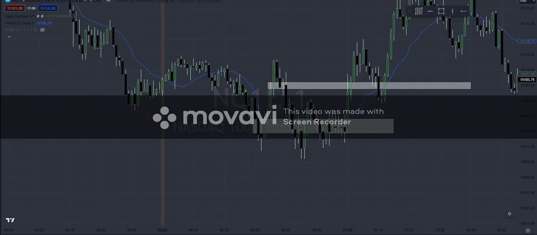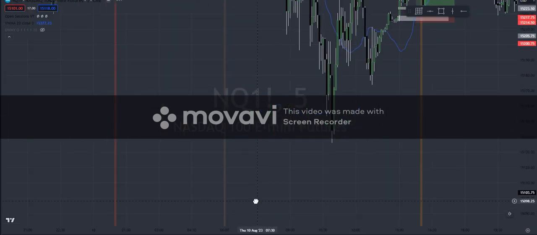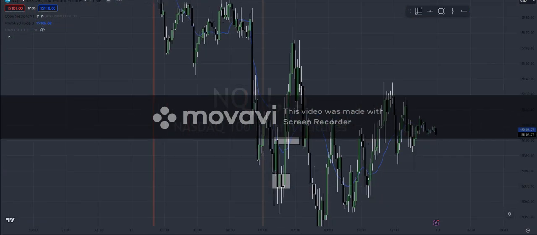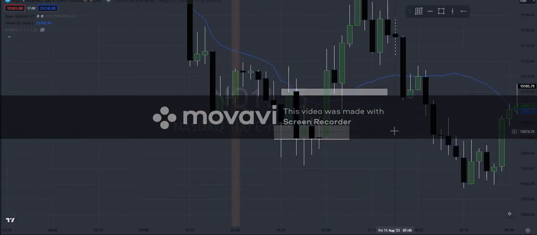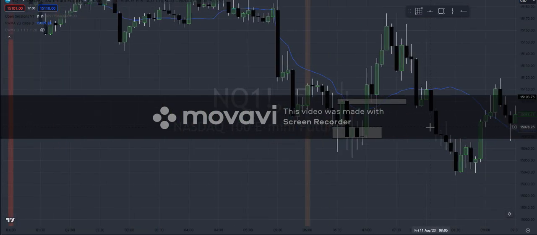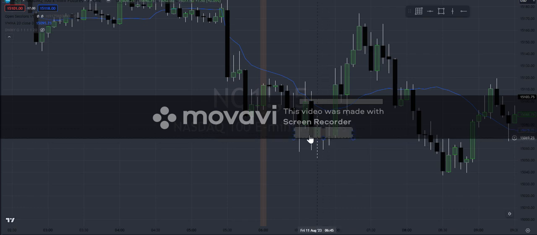Alright, after that we're gonna go 5 minute. And as you can see here, on this 1 minute zone we marked out, on the 5 minute, you can see how it holds up the zone really nice. And same with this one.